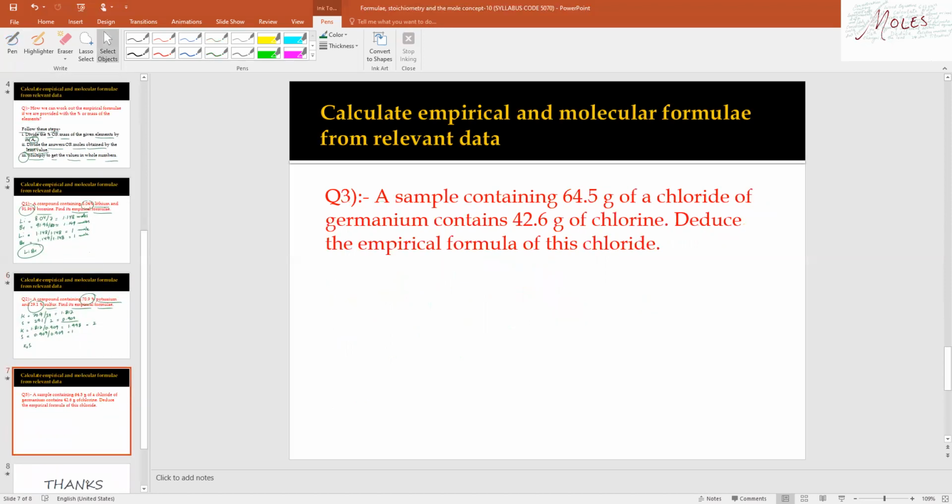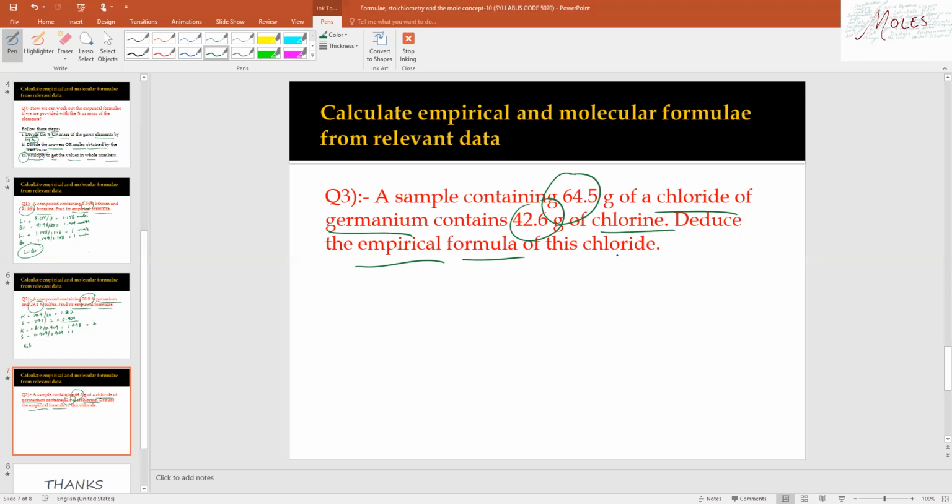In this question, I have to calculate the mass of germanium from the given data before proceeding. You see this question, a sample containing 64.5 gram of a chloride of a germanium contains 42.6 gram of chlorine. Deduce the empirical formula of this chloride.